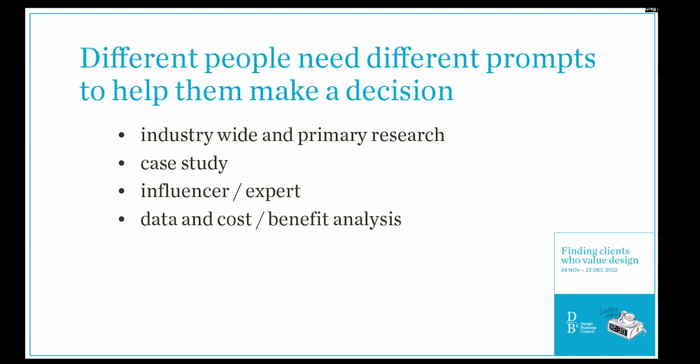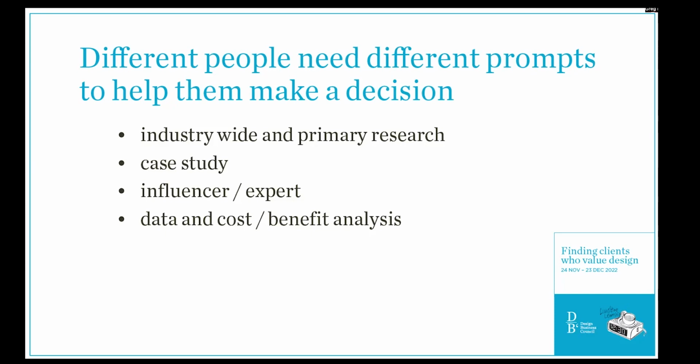If you've done some industry-wide research that shows you understand what goes on in their industry. If you've then also done some primary research, which means you've looked at their business specifically and you understand their business. So they're the two things that you need to show first off to a client.